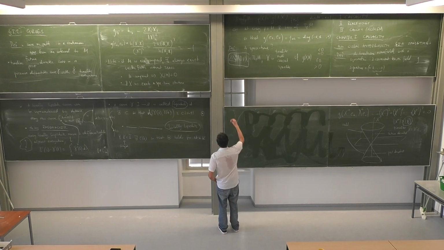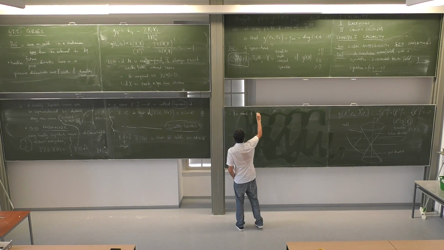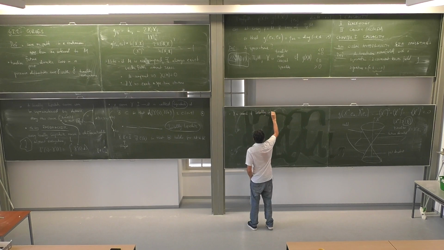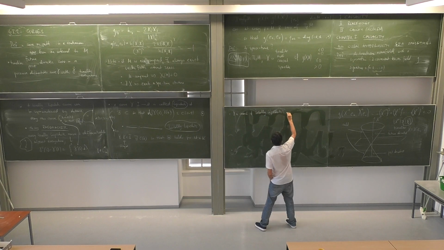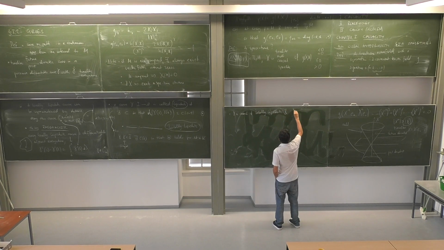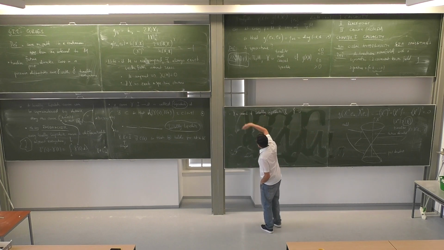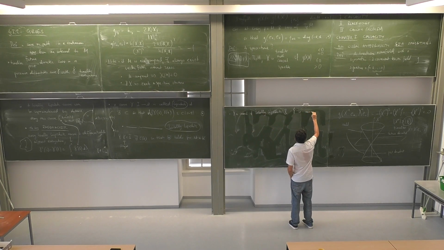So gamma is causal if locally Lipschitz and gamma dot is, well, future or past, I'm going to add here, but gamma is causal almost everywhere.